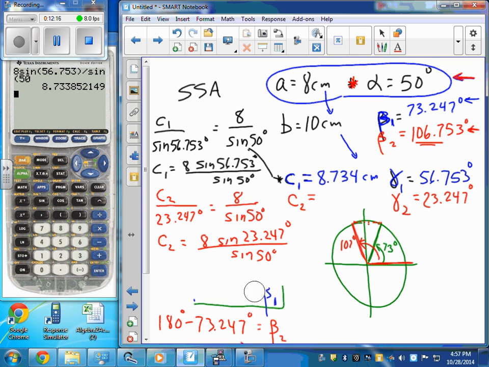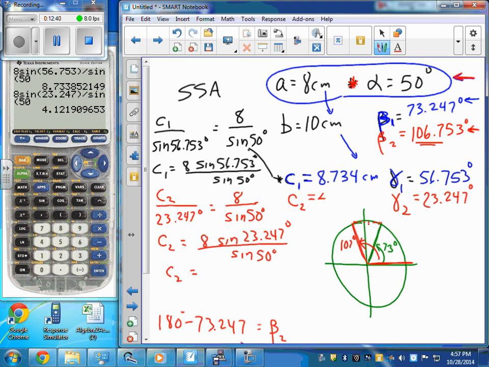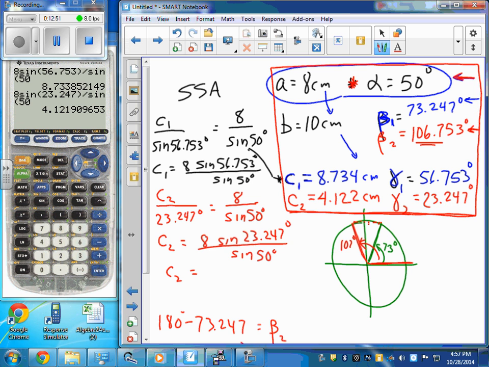My calculator says C2 is going to be equal to, I could probably just edit what I have there, change the 56.753 to 23.247, and I get 4.122 centimeters. Okay, so there's the solution to my triangle. I've solved the triangle. This is the ambiguous case, and we really have to take into account both possibilities.